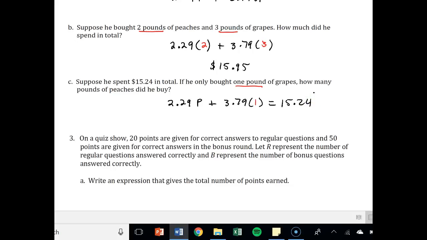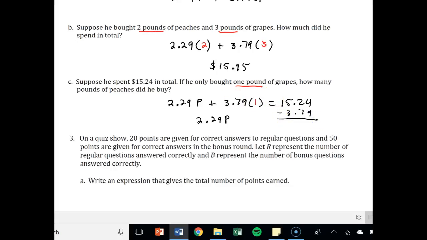So I'm going to help you out with this because this is what we'll be doing next unit with equations. So we know he spent $2.29 on peaches plus $3.79 that he spent on grapes, but now let's deduct that from the total to figure out how much he spent on peaches.